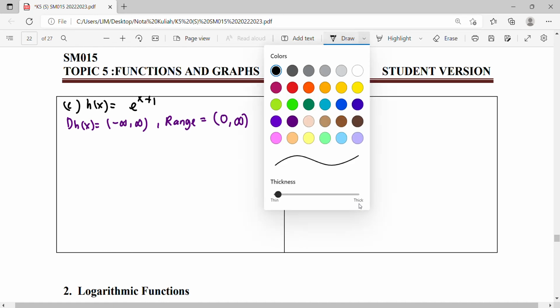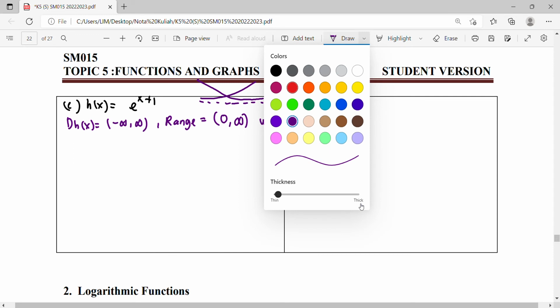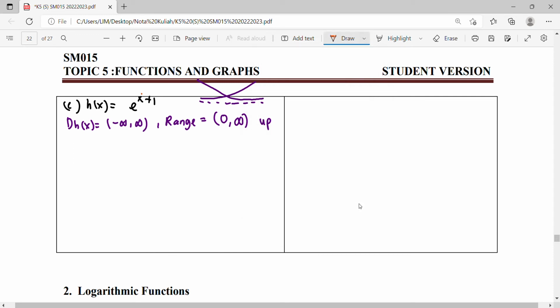From this graph, we can notice that 0 to infinity means this graph is going up. So with the asymptote at the bottom, you'll be going up to the right or going up to the left. We observe here that your power, your x here, is a positive coefficient. So you're going up to the right.